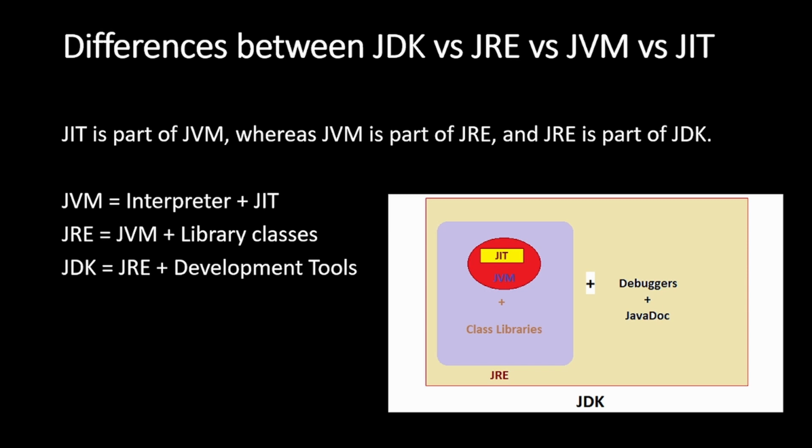The JRE is a JVM and class libraries. The JDK is a JRE and development tools. The development tools are the debuggers, compilers, and Java documentation. The compiler that is part of the development tools inside the JDK is responsible for converting the source code into bytecode.